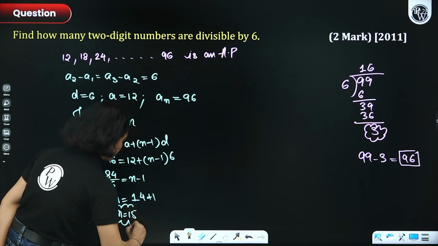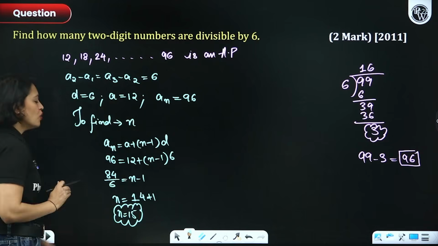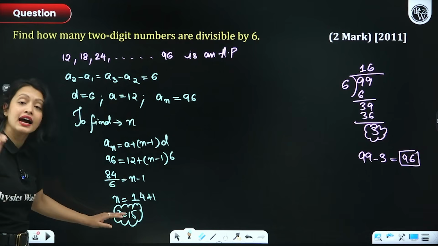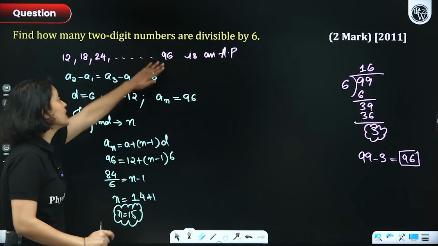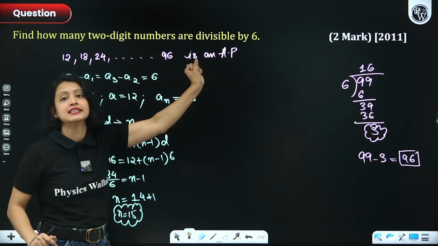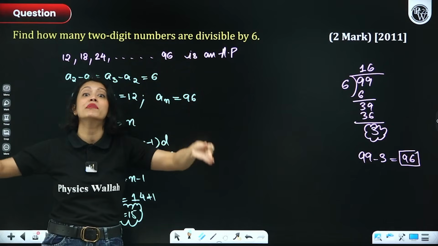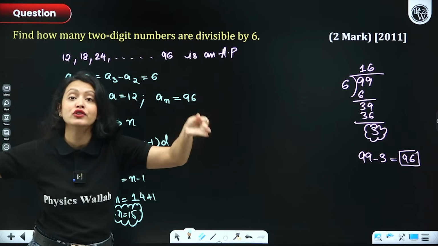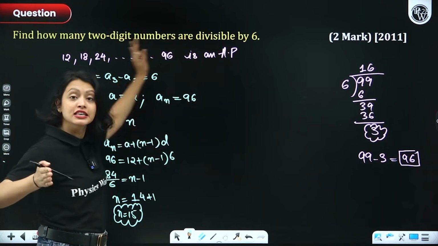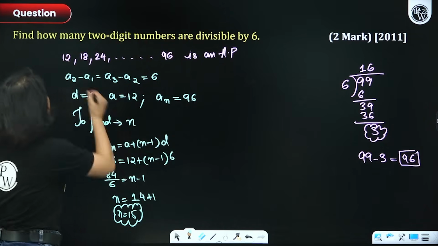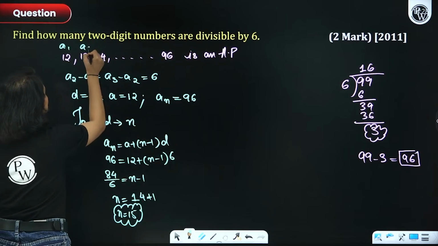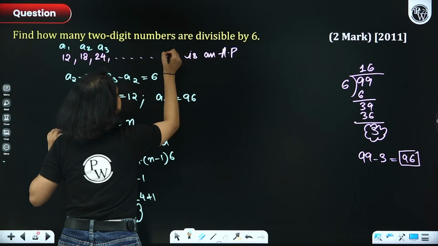The value of n is what? It is 15. So, see, this n here, again I'm repeating, guys, is the position of 96. But at the same time, it is giving us the number of terms in this sequence. Right? This is A1, this is A2, this is A3, and this is An.